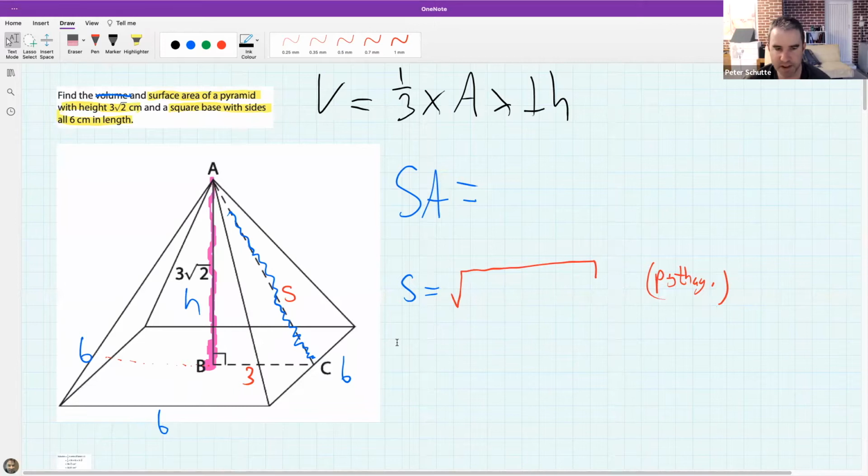For Pythagoras, we know that the hypotenuse squared is equal to the other two sides squared. So the way I would do it is you go 3 root 2 squared plus 3 squared, and I've used the shortened form. Let's see what we get. Pop your answer in the chat.